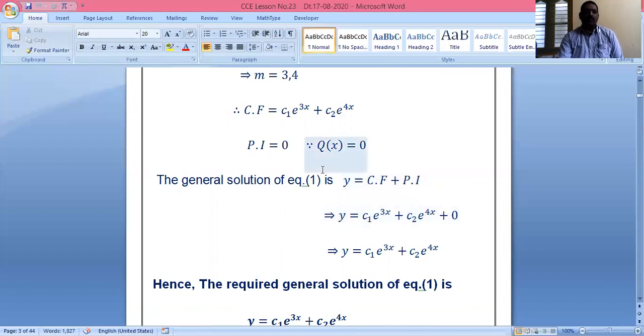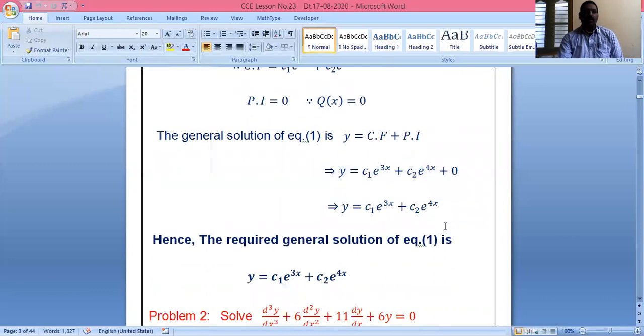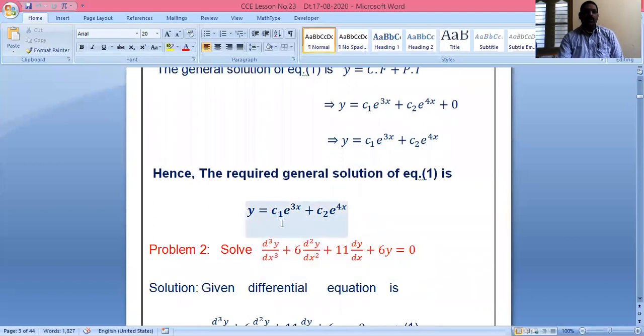Therefore, we get y is equal to C1 e power 3x plus C2 e power 4x. Hence, the required general solution of equation 1 is y is equal to C1 e power 3x plus C2 e power 4x.